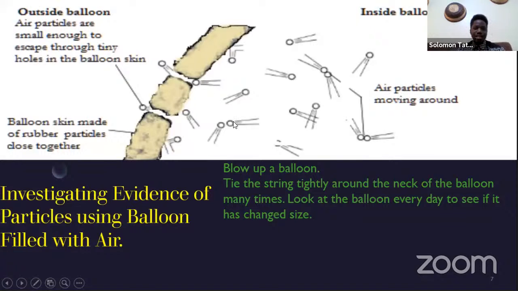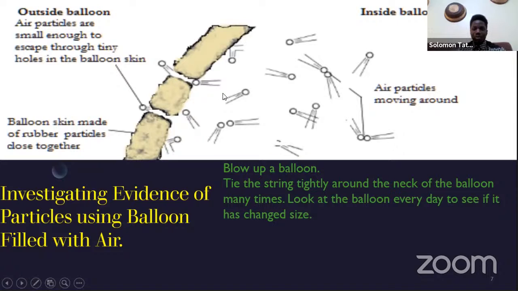An example of that, we can see it in a balloon. We saw this picture last time. So in a balloon, you'll find that once you put in air and then leave it to sit somewhere for a long time, the pressure decreases. The pressure decreases because these gas particles are able to move through the very, very tiny openings in that balloon.